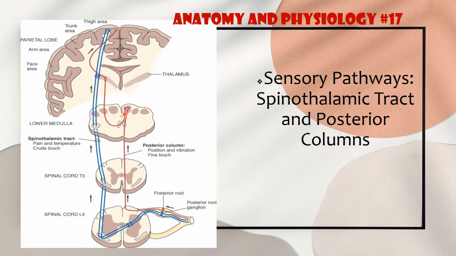The fibers projecting from the secondary neurons cross to the opposite side at the medullary level and continue to the thalamus.